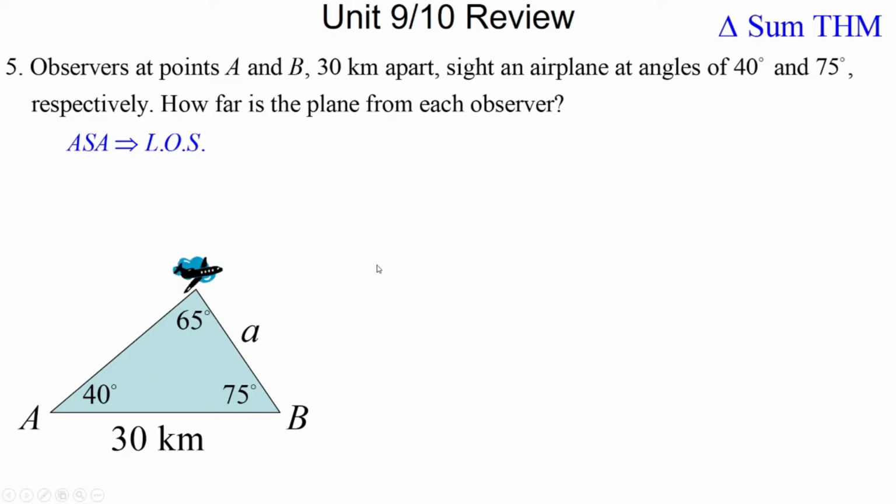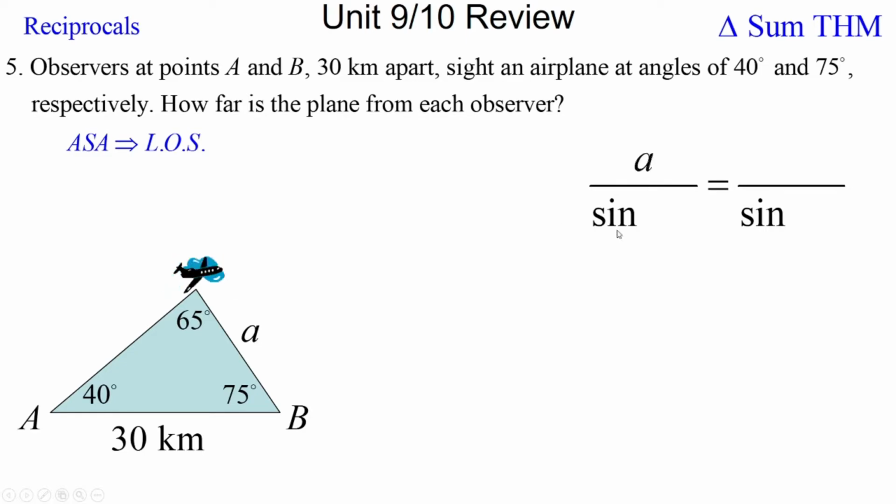Okay, so A. Well, can I use my form where I'm going to go reciprocals, proportions right there, and start with that side A over sine of the angle opposite A, which would be 40 degrees, equals, and now let's go the 30 kilometers, 30, and this is why we needed this third angle right here, sine of 65 degrees.